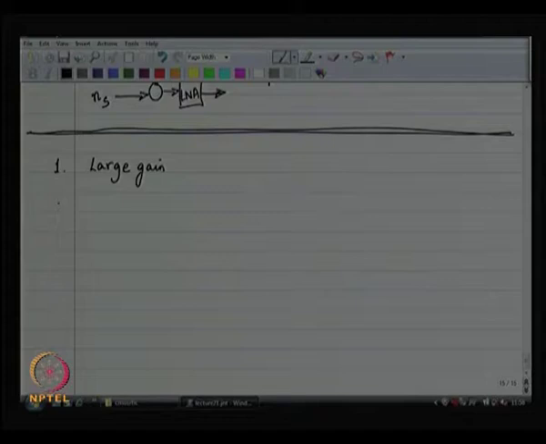Okay. Number 2, you should have a low input referred noise. Okay, or rather low noise figure.